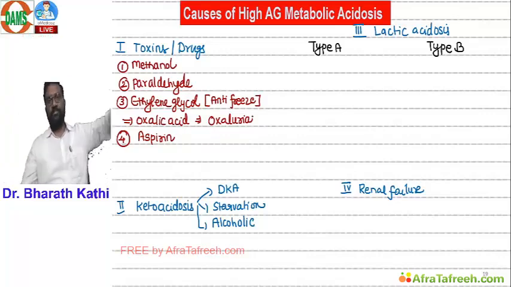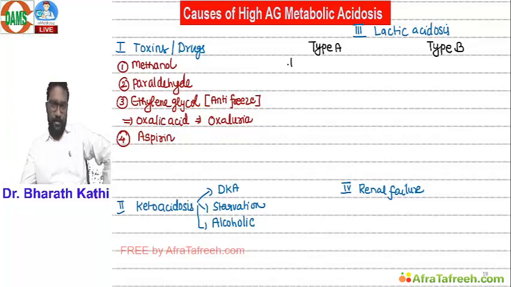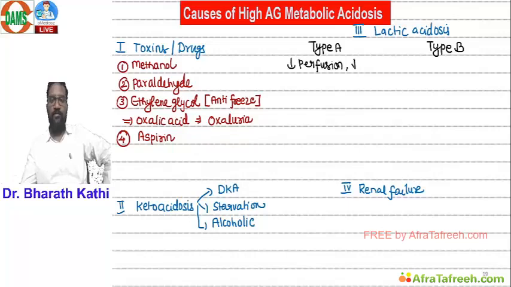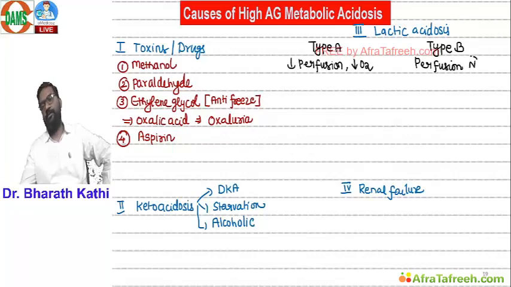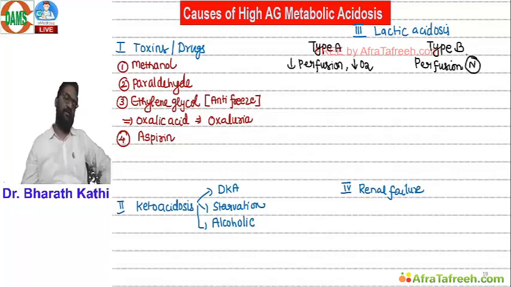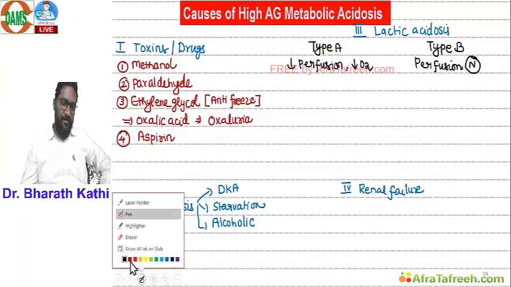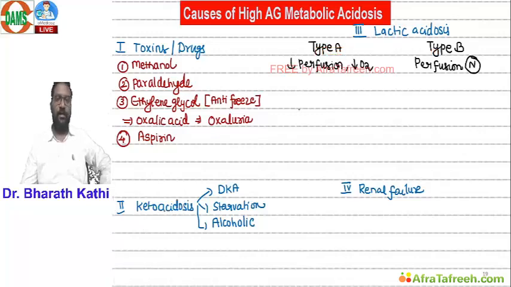Because of either reduced perfusion or decreased oxygen to the tissue. Whereas type B lactic acidosis, the perfusion, oxygenation will be normal. Still lactic acidosis happens.